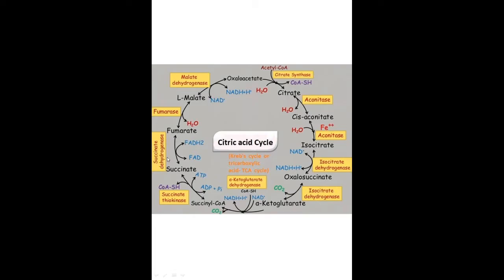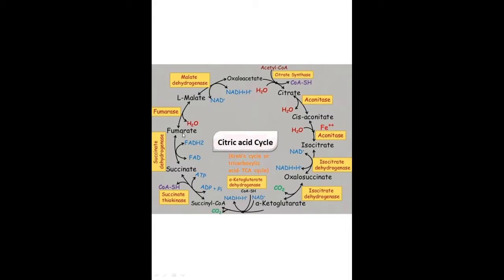Where 3 ATPs can be formed, here 2 ATPs can be formed. This enzyme has iron sulfur protein, and you might have learned in enzymes that this enzyme is inhibited competitively by malonate. So malonate inhibits this enzyme.